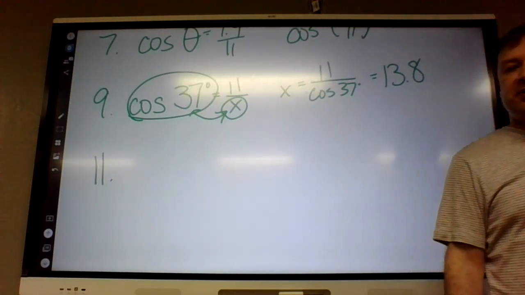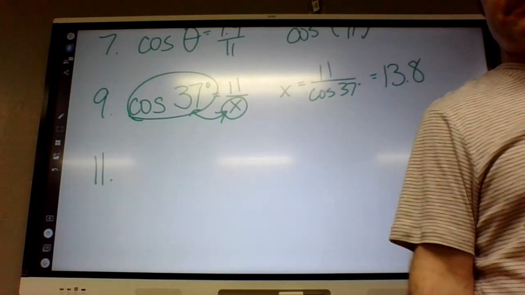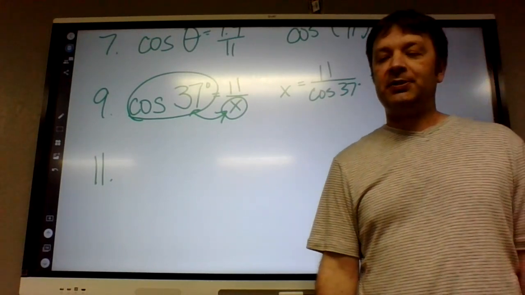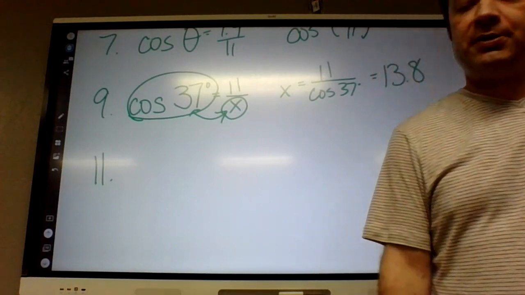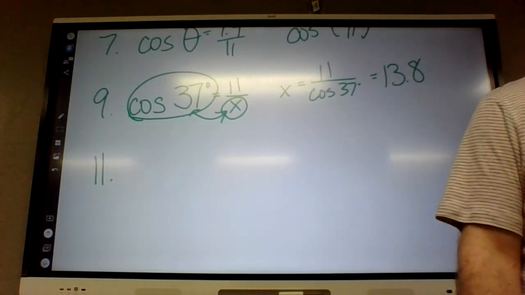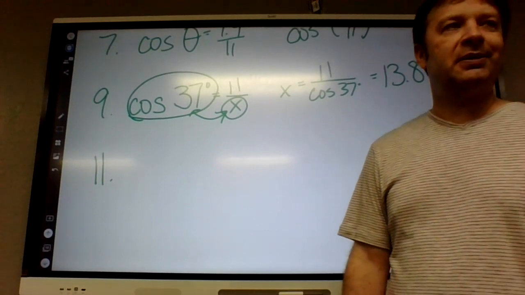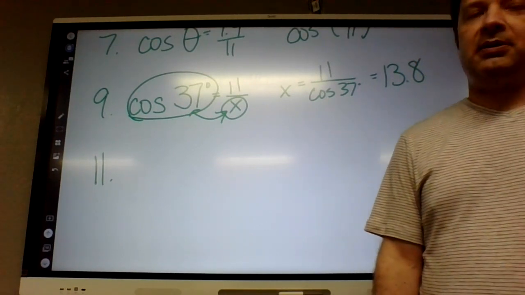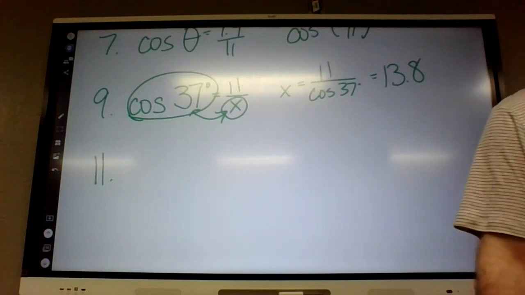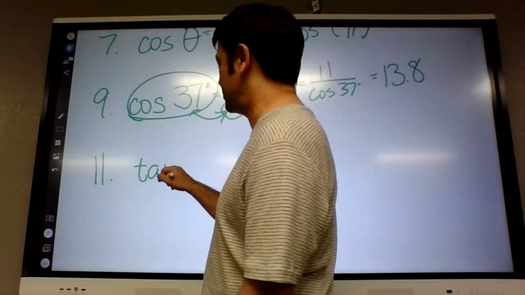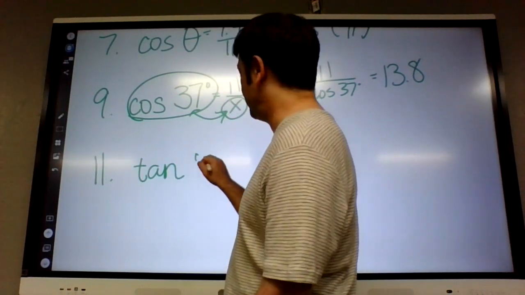Okay, Issa. Okay, relative to 50.1 degrees, x and 5 are the what and what? X is the, what? X is the what, Jason? Opposite, 5 is the adjacent, okay, so it's tangent of 50.1.